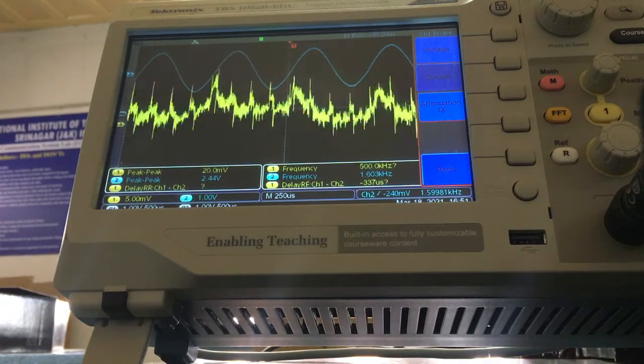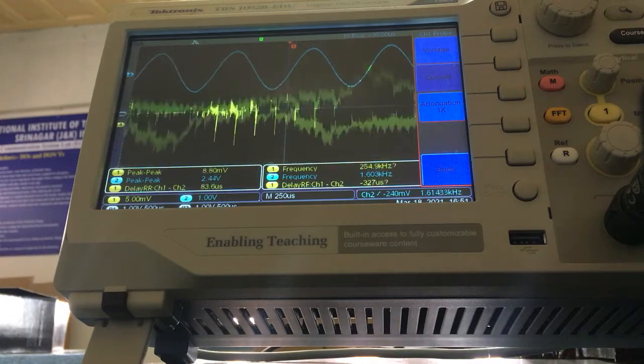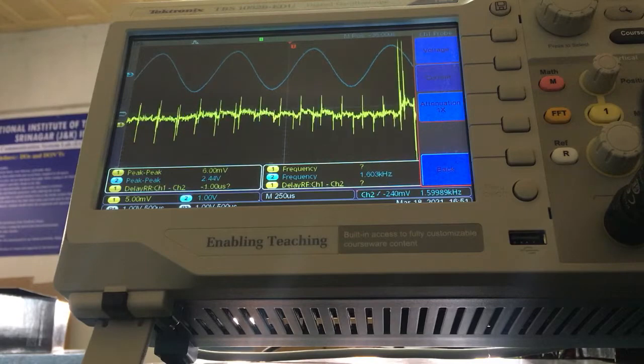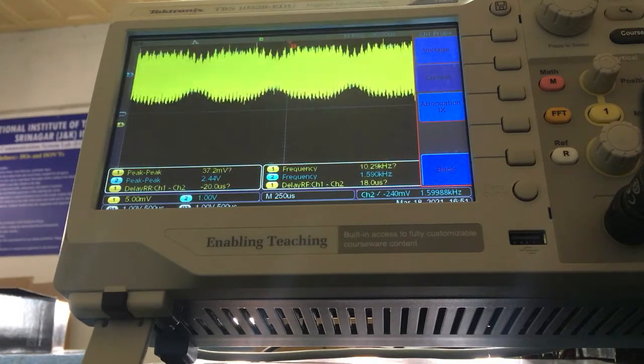So the first job is to remove the unwanted frequencies and just concentrate on our transmitted frequency, which is 1 megahertz in this case.